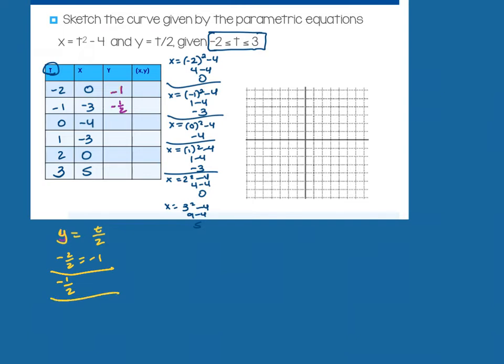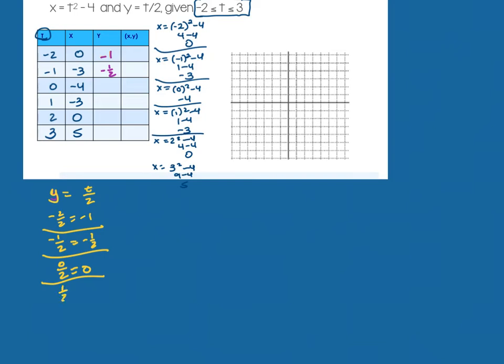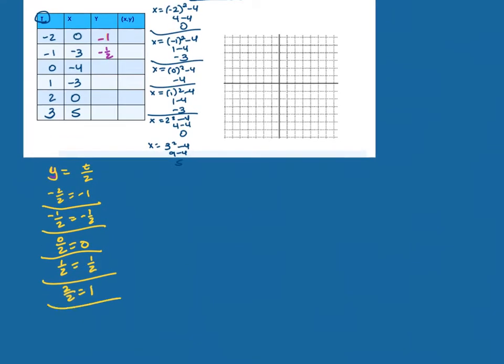Then I'm going to plug in 0, and it's 0. Then 1, and it's 1/2. Then 2, and it's 1. And then 3, and it's 3/2, or 1.5. So this is 0, 1/2, 1, and 1.5.